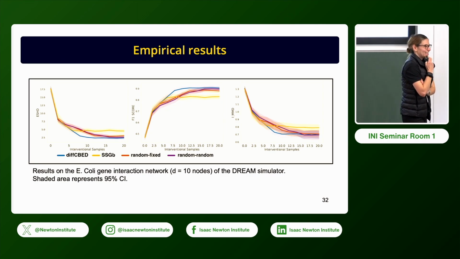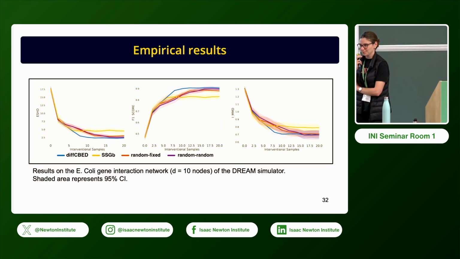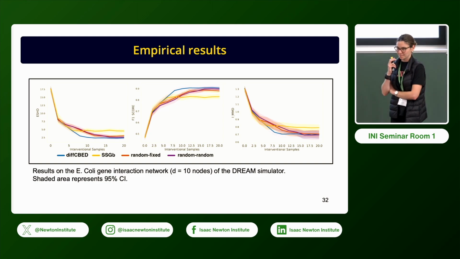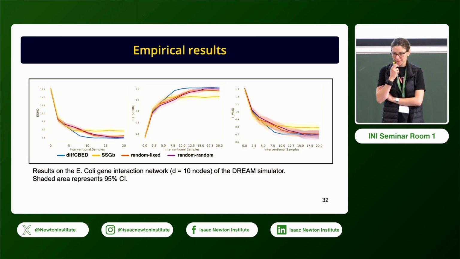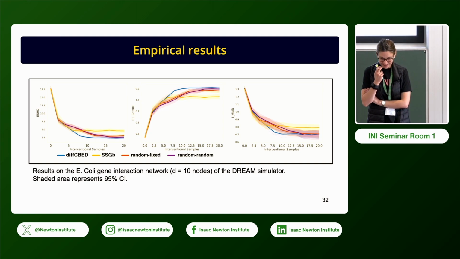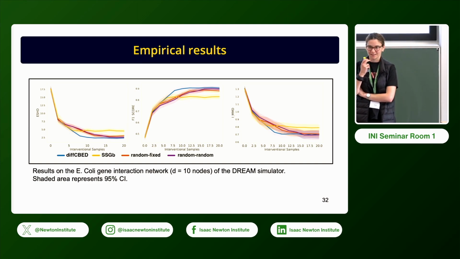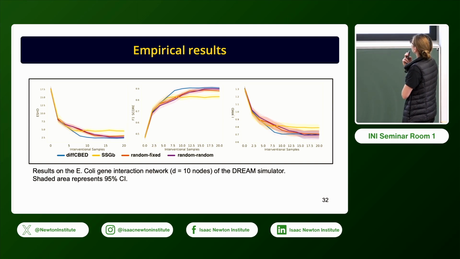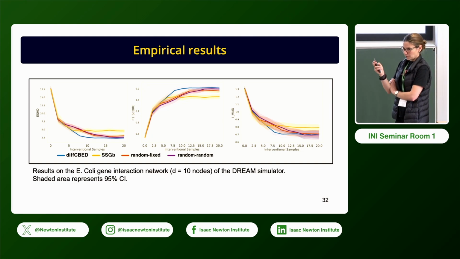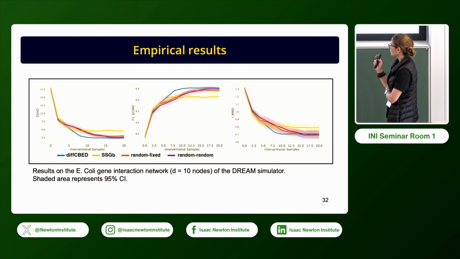Why is random so good here, and perhaps why does it beat not yours, but the previous work? Did the authors there discuss why performance drops or flattens out as they gather more samples? Okay, so on the final one, performance drops or flattens as you gather more samples.